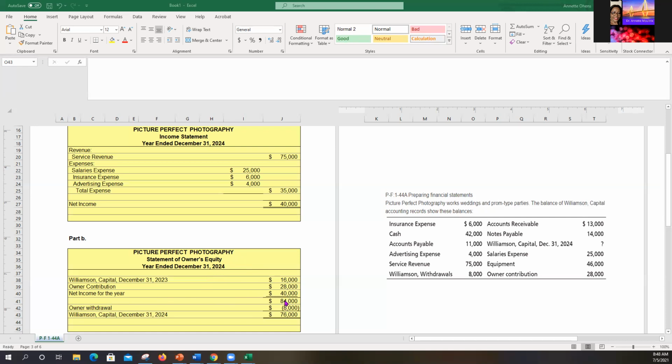When you add the total, you should get $84,000. And in this problem, Williamson withdrew $8,000. So you subtract your withdrawal from the 84,000 and you should get $76,000.